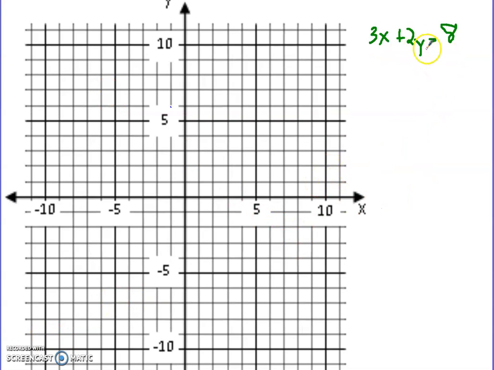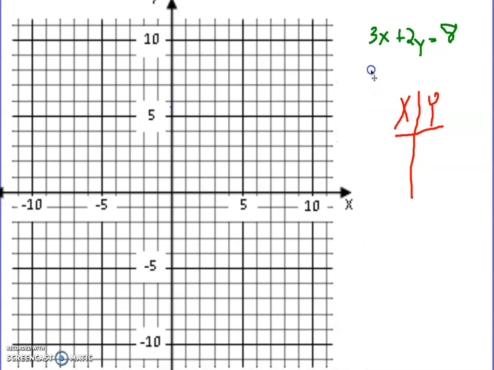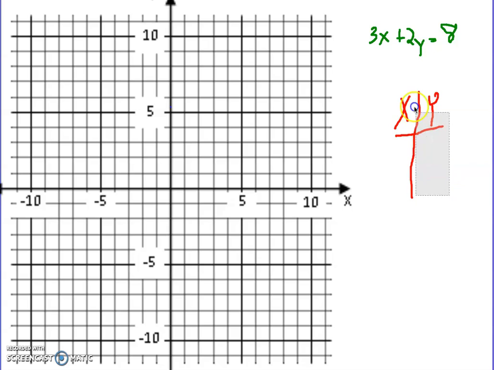When you get to problems like this, you're trying to find some numbers for x and y, and again, it's not a guessing game. Students, when they first see this, think they have to pick random numbers that make x and y, when plugged in, equal 8.